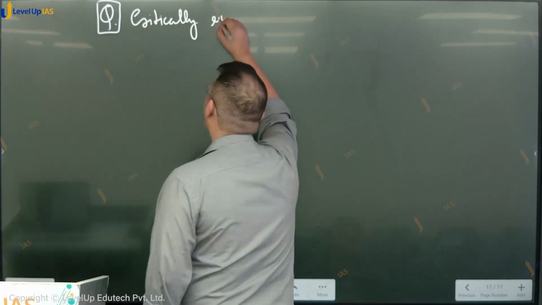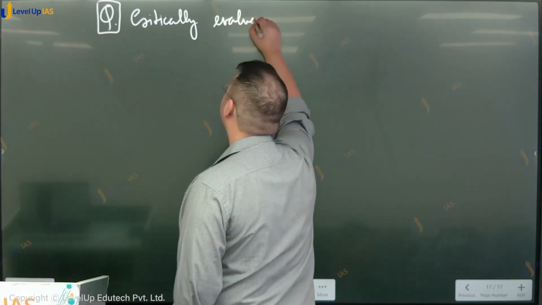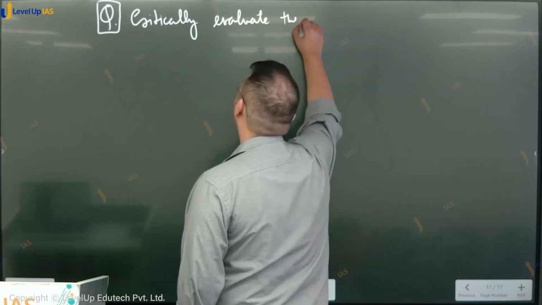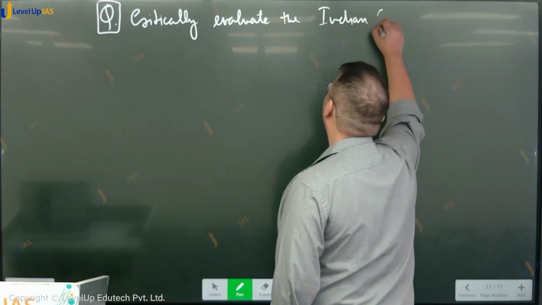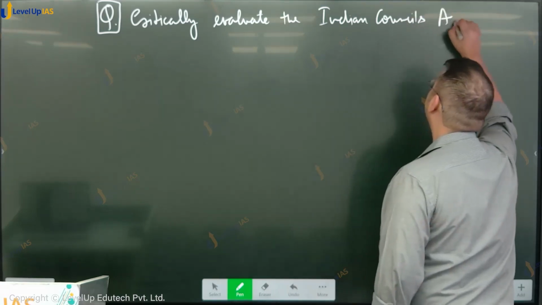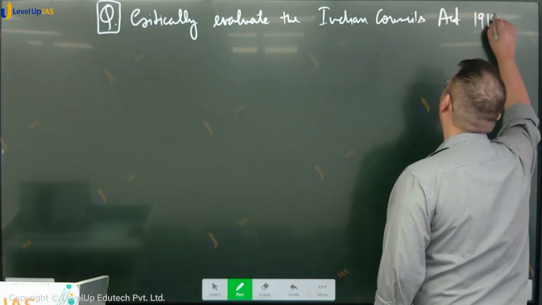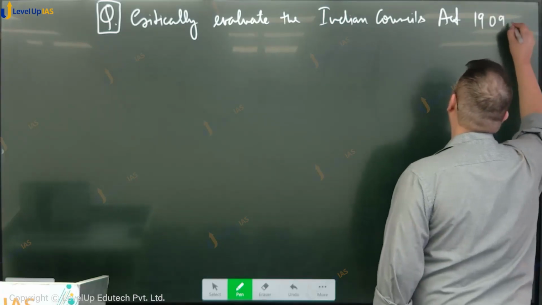Critically evaluate the Indian Councils Act 1919, sorry, 1909. Full stop.